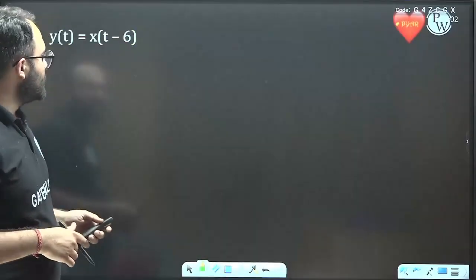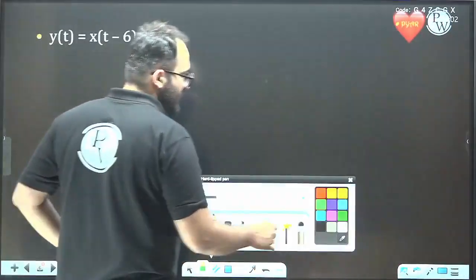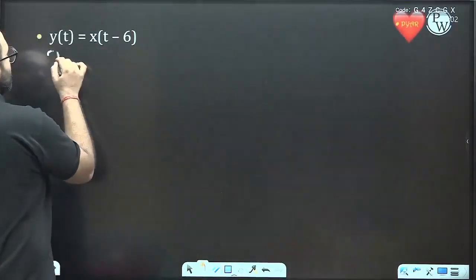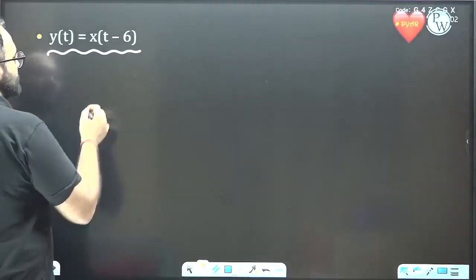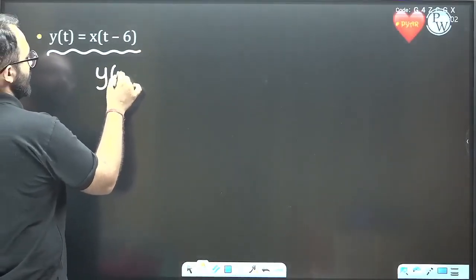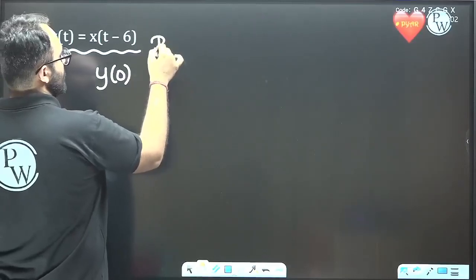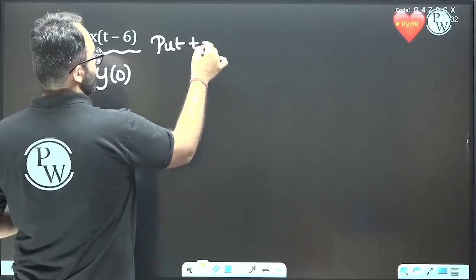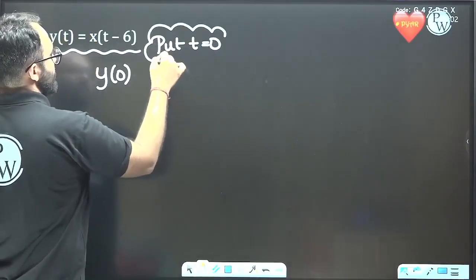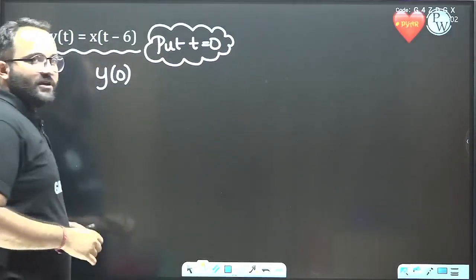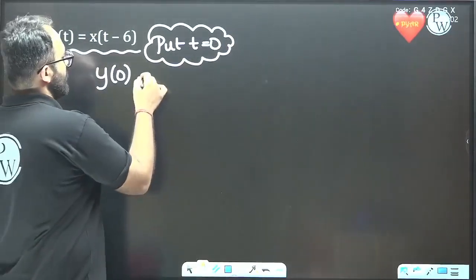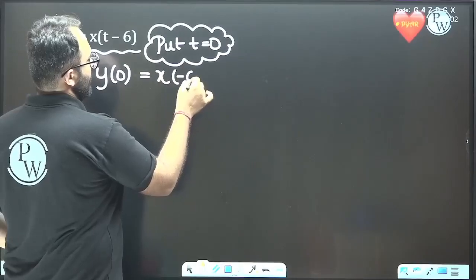Similarly, one more example. For example, yt is equal to x of t minus 6. Simply put t equal to 0 here. So y0 is equal to x of minus 6.